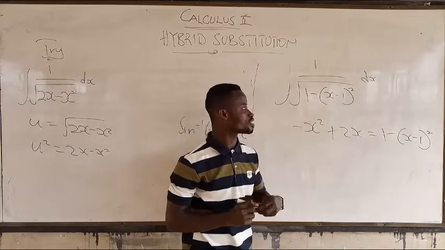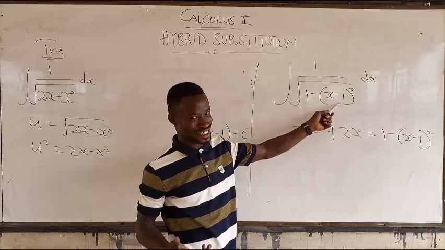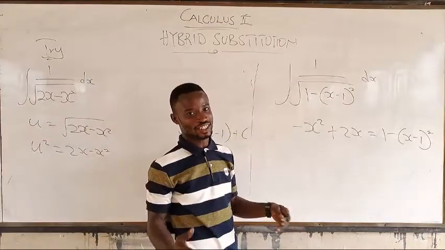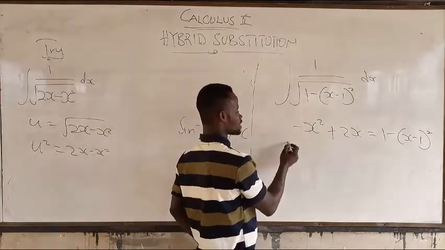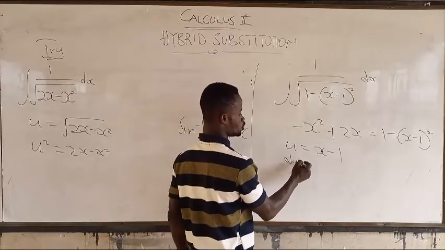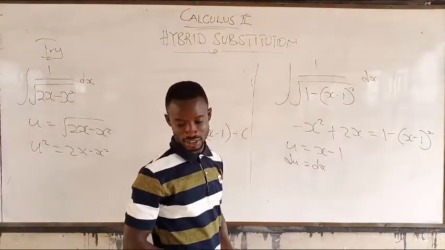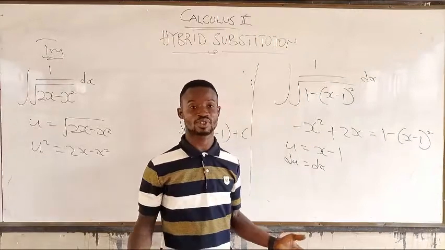So with this, you see that now it is clear that you can do u substitution, because you know that u is going to be x minus 1. Therefore, du is just going to be dx.